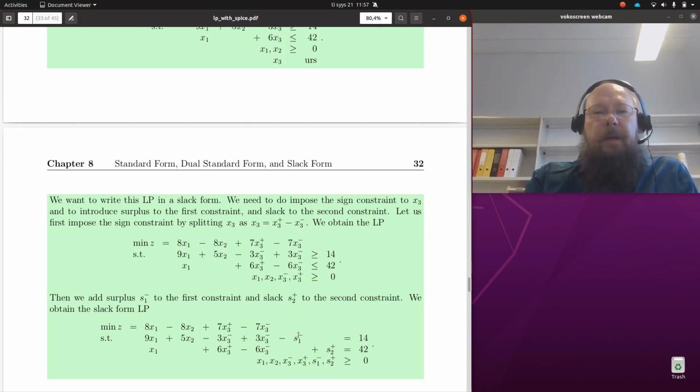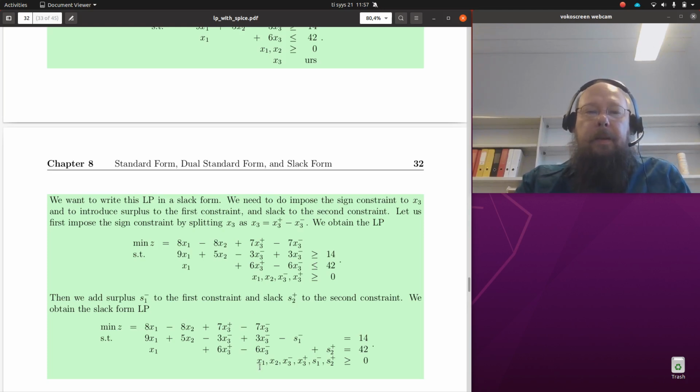That's the surplus related to the first constraint, so it's called s1 minus because it's a surplus. In the second constraint we have s2, 2 because it's the second constraint, and plus because it's a slack. So this plus corresponds to the fact that it's an upper bound.